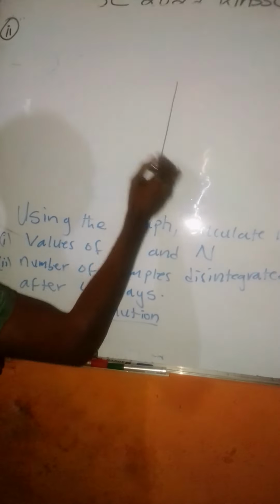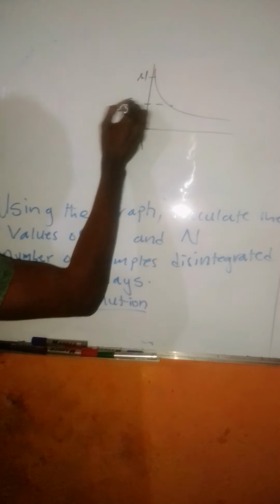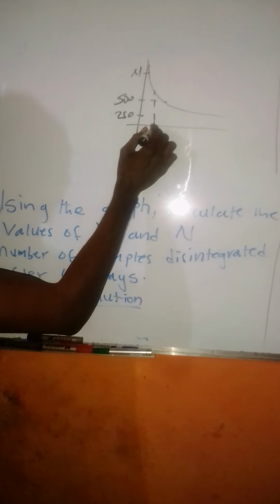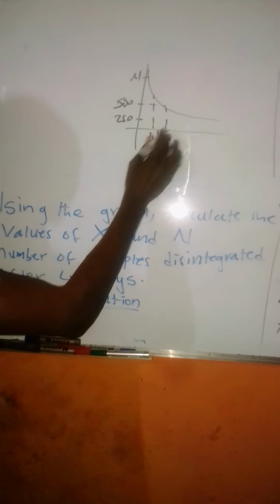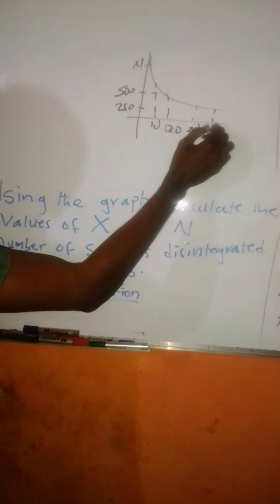Let's have the graph. After 40 days, the graph was this. Here we have N, this portion is 500, and the other one is X, which is 250. The first time was 10, the other one was 20, the next one is going to be 30, and the next one is going to be 40.